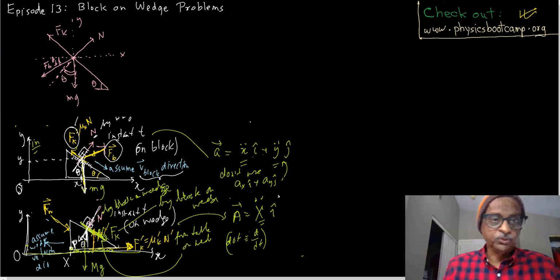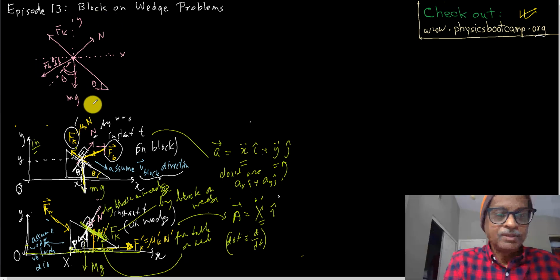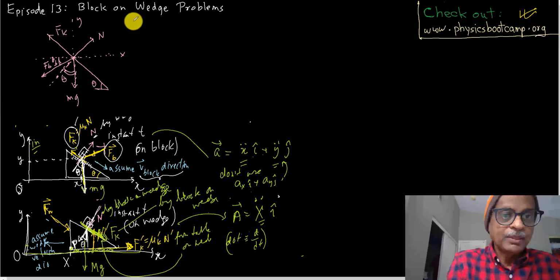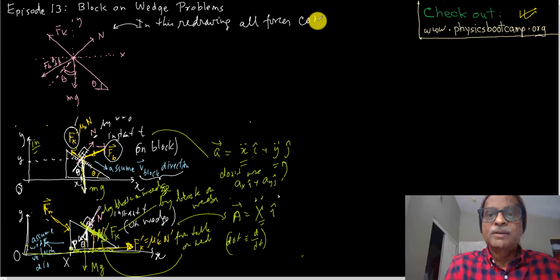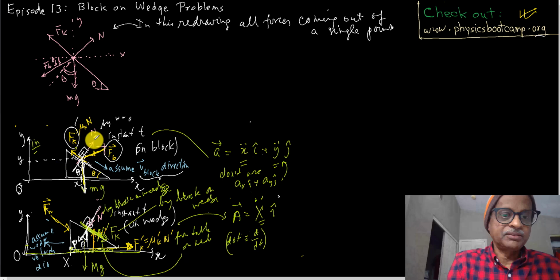I find it very helpful to redraw this picture, so all the forces are coming out of a single point, regardless of where they were drawn earlier, while keeping the directions the same.